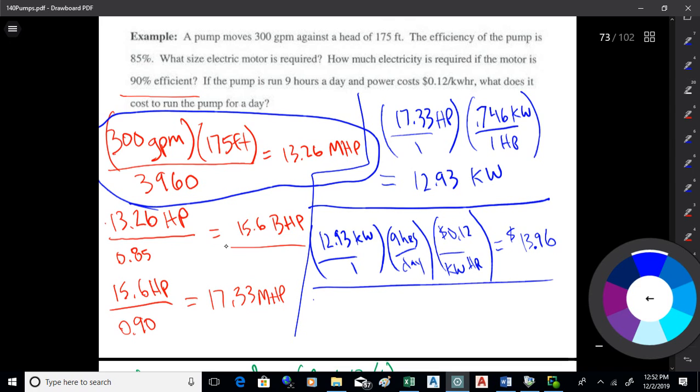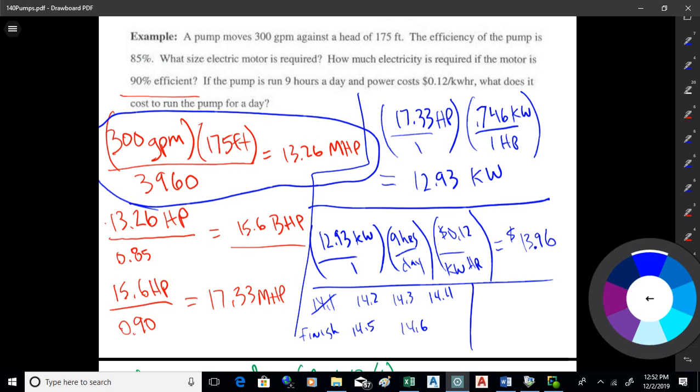You've already done 14.1, so that should be done, but let's do 14.2, 3, and 4. Those are just some short questions on efficiency and power and such. And let's finish 14.5 and 6. See if you can get those knocked out for Wednesday. 2, 3, and 4 are all pretty quick little problems.